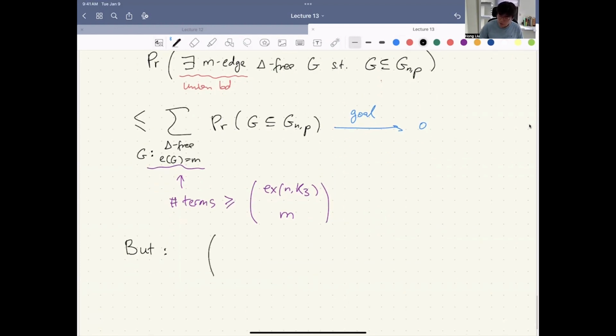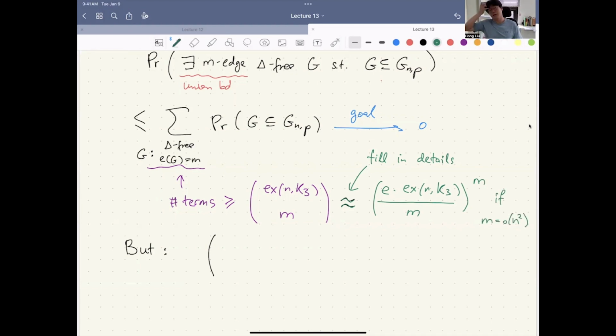But let's do the computation. Let me do the simplification first. Filling in the detail for those typing the notes: prove that this is roughly e times the extremal number of K3, divided by M, raised to the power M, if M is lower order, subquadratic in n squared.